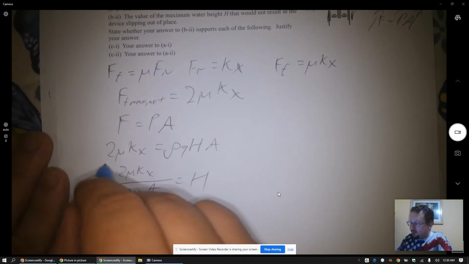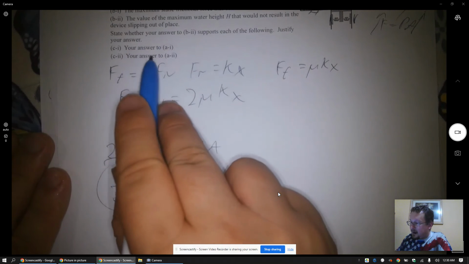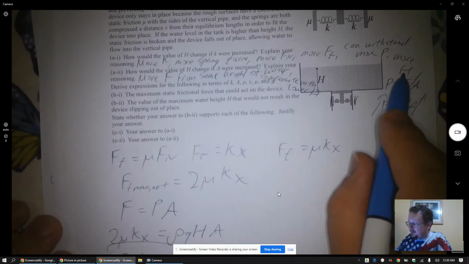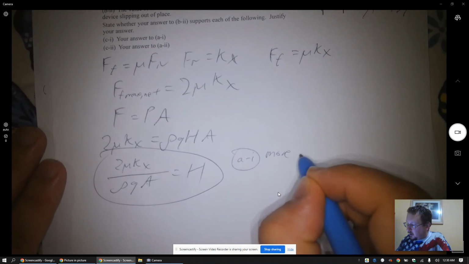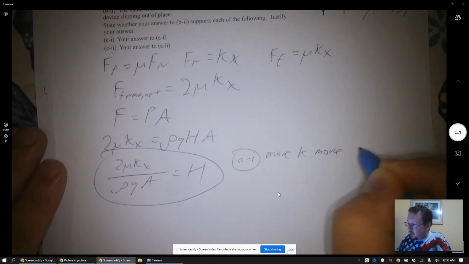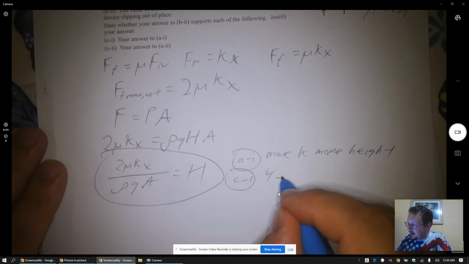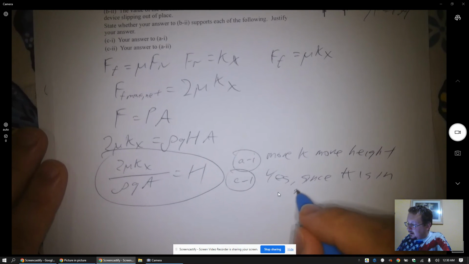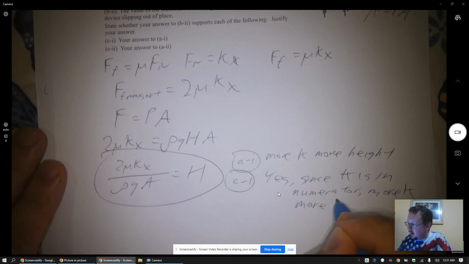Okay, here's my answer to B2. Does my answer to B2 support my answer to A1? More k is more height. So A1, more k more height, is what I said. So on C1, I'm going to say yes, since k is in the numerator, more k more height.